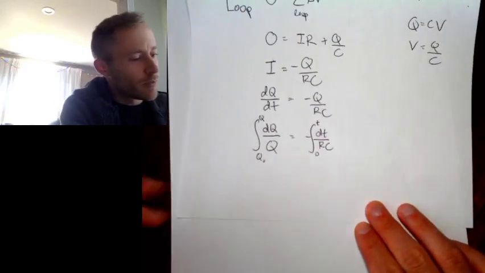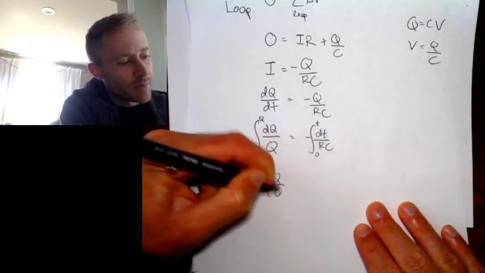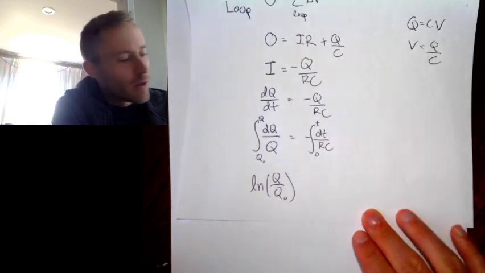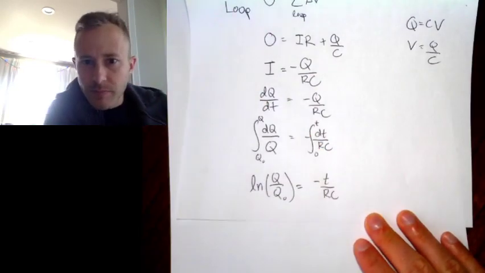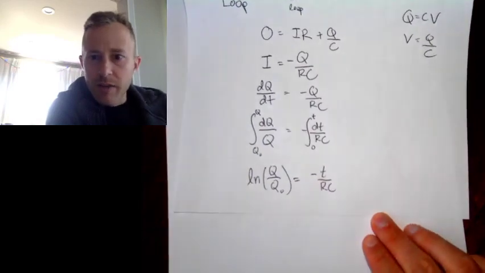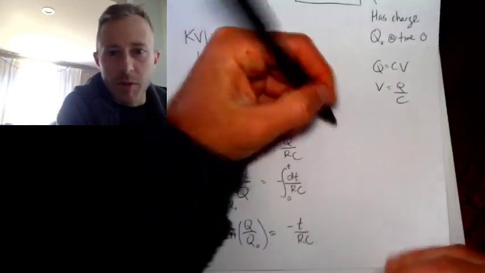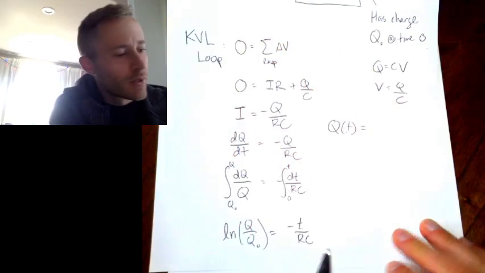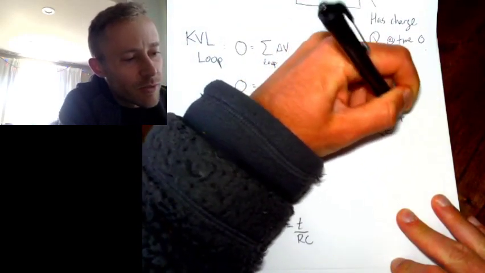On the left-hand side we get the natural log of Q over Q naught, and on the right-hand side we get minus t over RC. So I can then exponentiate both sides and solve this equation. And what we get is Q of t equals Q naught times e to the minus t over RC.